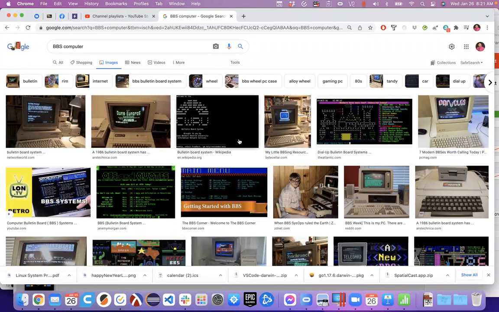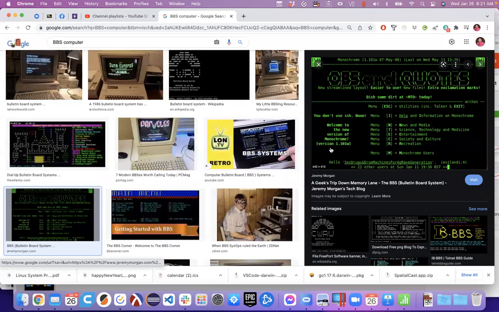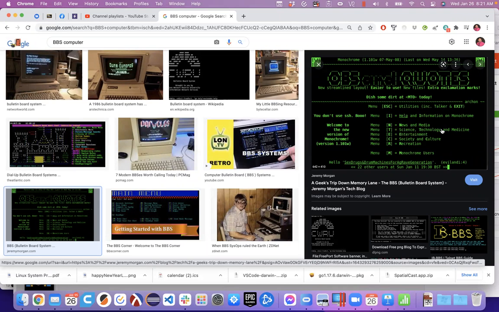So you might connect to one of these things and it would be all text-based. Let's see, what is this guy giving us? Yeah, so here's an example. When you first connect to one of these, notice it's saying, hey, you want to go here to read news. Here's some entertainment stuff, recreation. There might be some games in here.